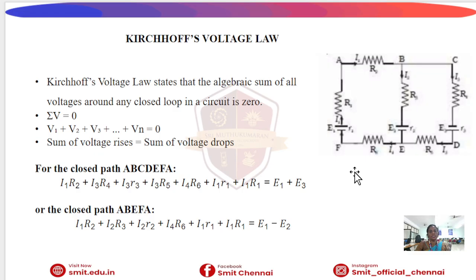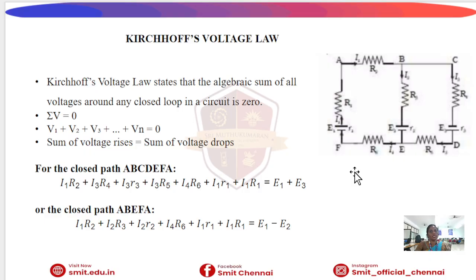Now we will study Kirchhoff's voltage law, also called KVL. This law states that the algebraic sum of all voltages around any closed loop in a circuit is zero. In mathematical form, it is written as sigma V is equal to zero, or V1 plus V2 plus V3 and so on up to Vn equals 0.